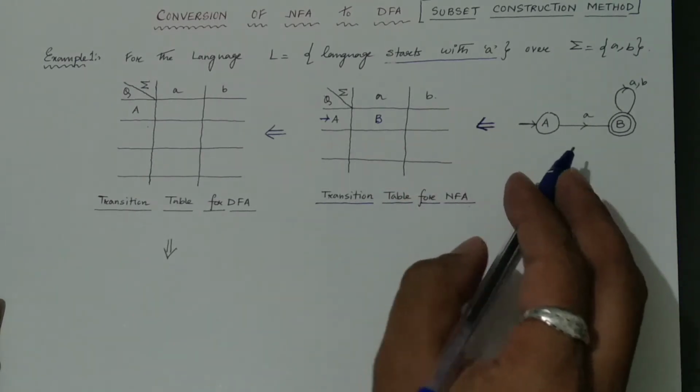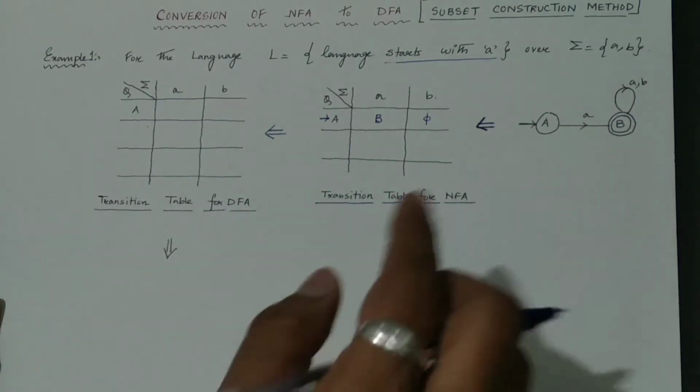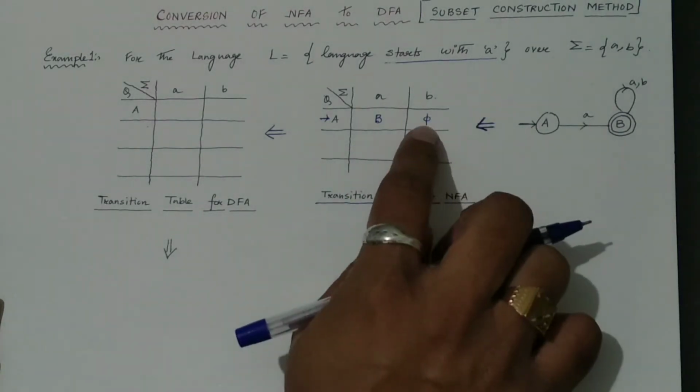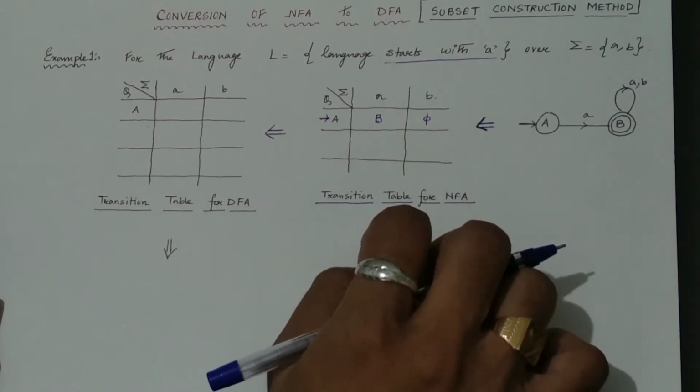No, it's not going anywhere. So you can use epsilon or phi. Generally we use this symbol. That's not a big deal.